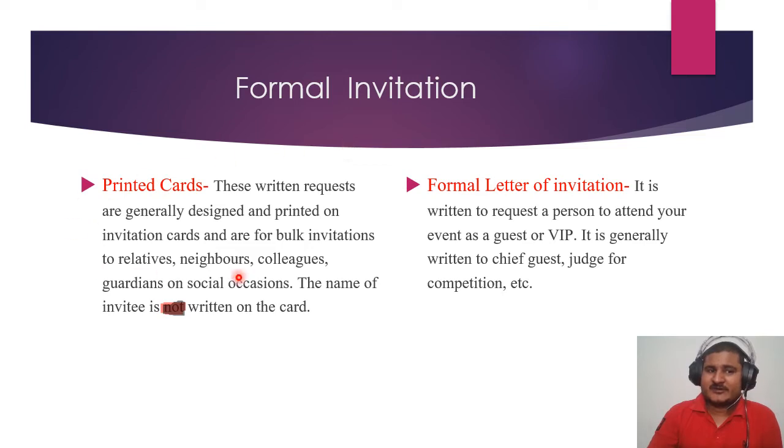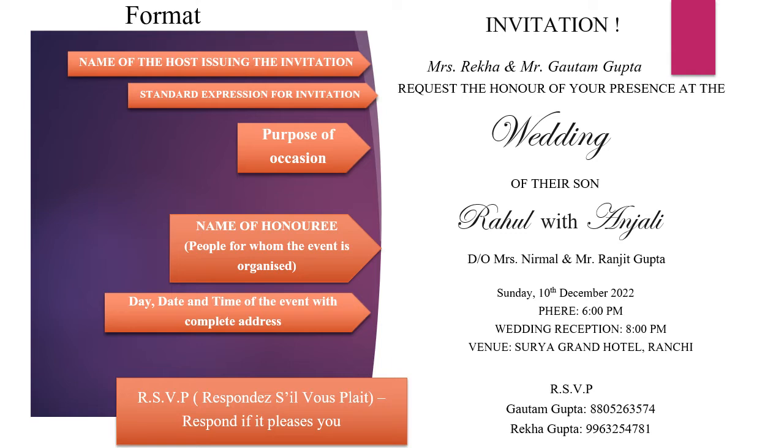A formal invitation can be a letter of invitation or a printed card. You can use any method to invite, but the purpose should be different. If your purpose is to invite a person as a chief guest, then you should use the letter. And if you are inviting anyone casually to a ceremony, then you can use the printed card form. I hope I gave you a proper idea about what an invitation is and what the types of invitation are.